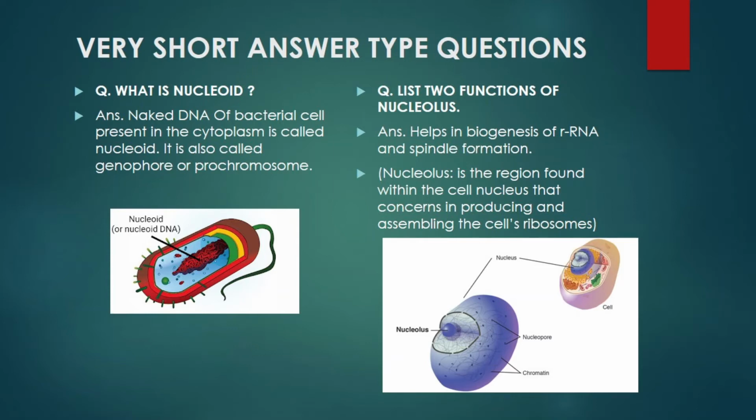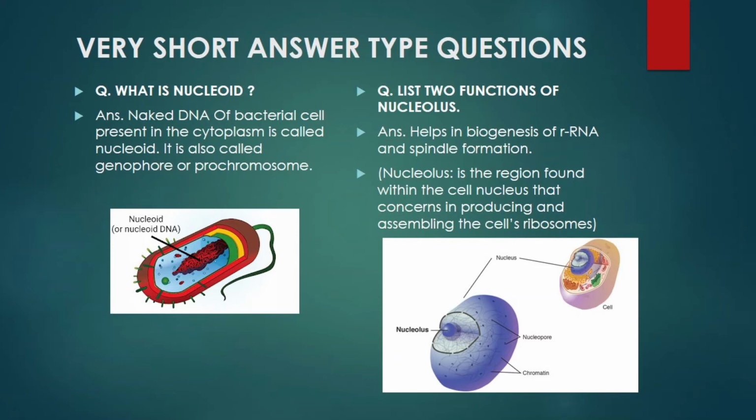The second one is spindle fiber formation. Spindle formation occurs during cell division, at the beginning of nuclear division. Two wheel-shaped protein structures called centrioles position themselves at opposite ends of the cell, forming the cell poles. Long protein fibers called microtubules extend from the centrioles in all directions, forming fibers that are called spindle fibers.